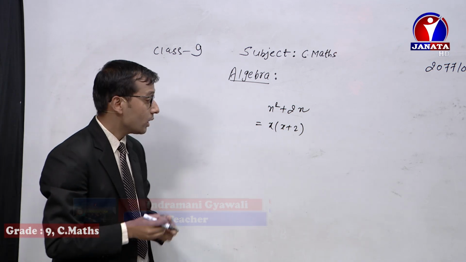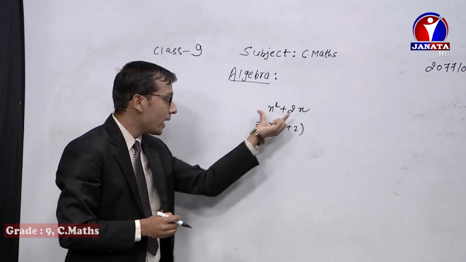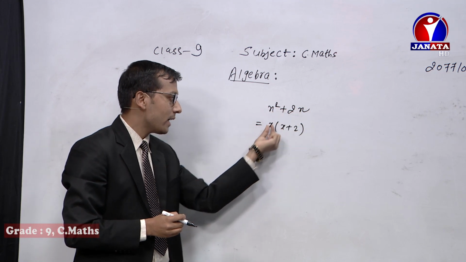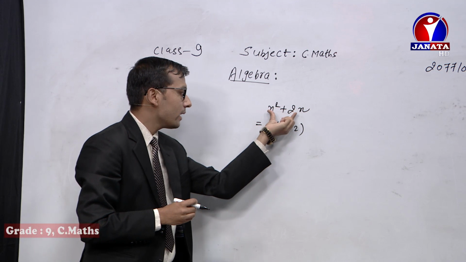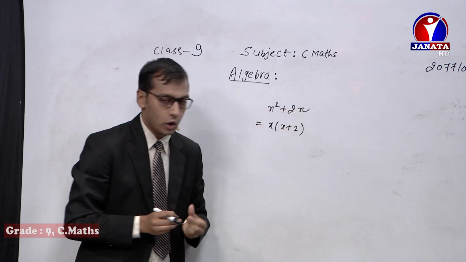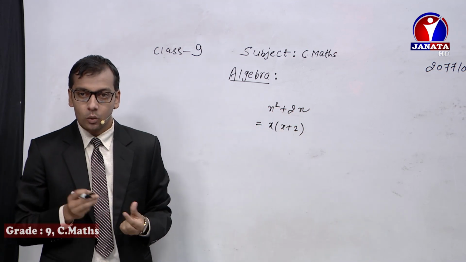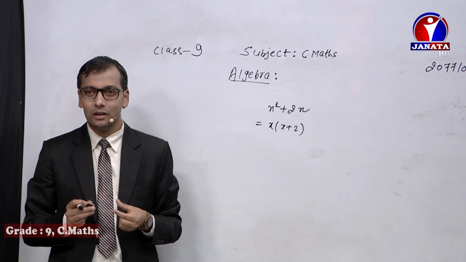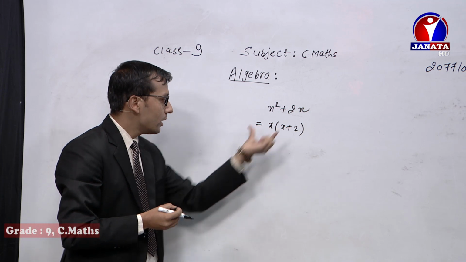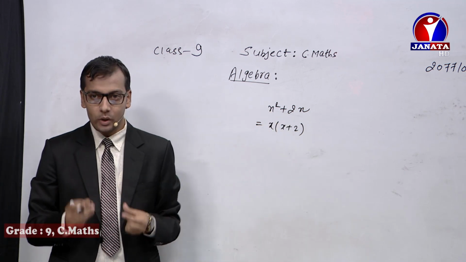The reason is, if we divide x squared plus 2x by x, there is no remainder. Or we also can divide this expression by x plus 2. And when we multiply these two factors, we obtain the original expression x squared plus 2x.